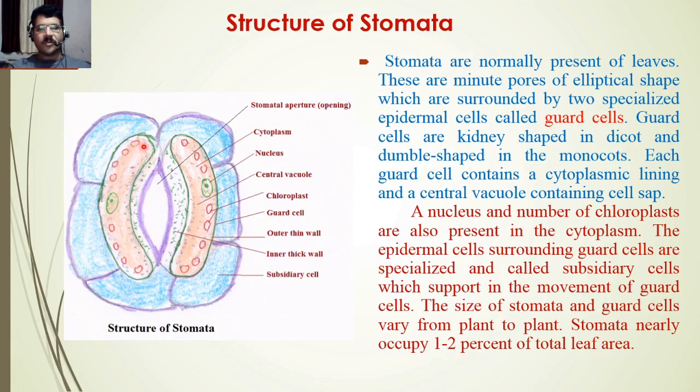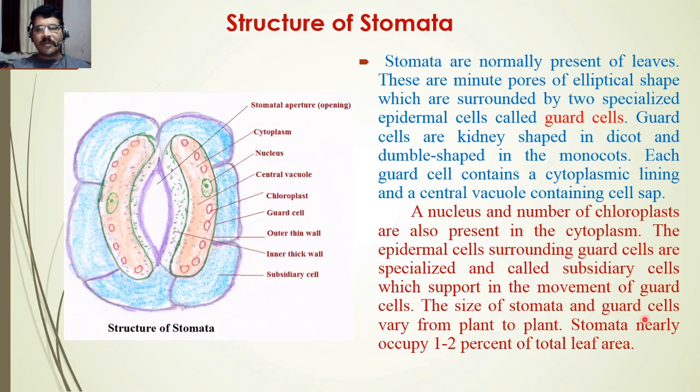Here we have shown the chloroplasts in red color; you can see many chloroplasts present in the guard cells. The epidermal cells surrounding the guard cells are specialized and are called subsidiary cells.